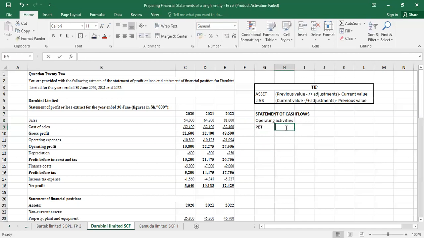So here equals, it is for the 2 years. Maybe I can escape first. I'll Control X, and I paste them here, Control V, isn't it? So it's for 2021 and 2022.